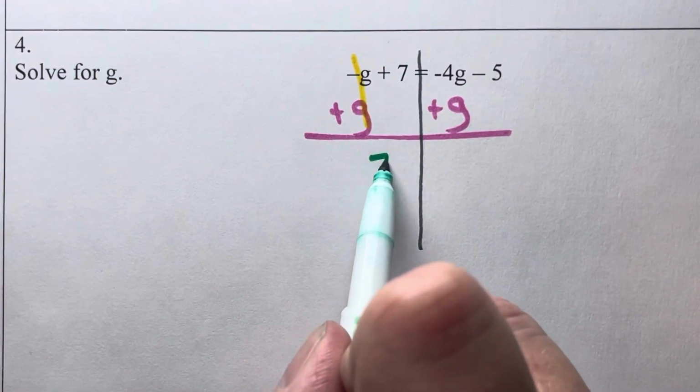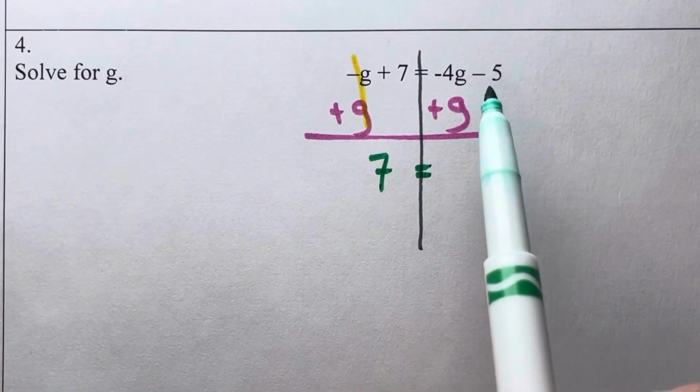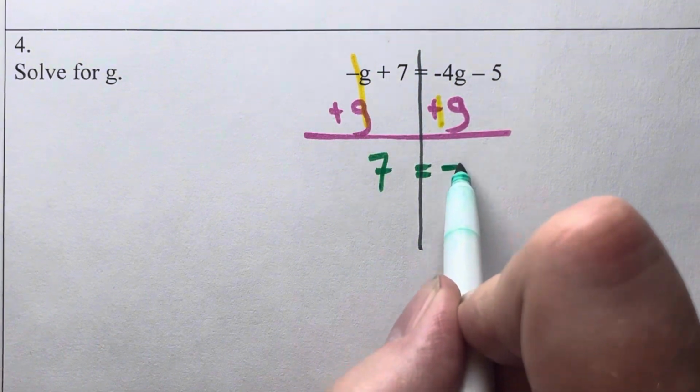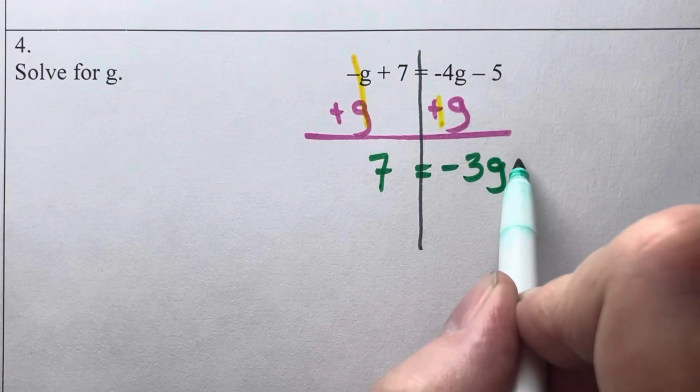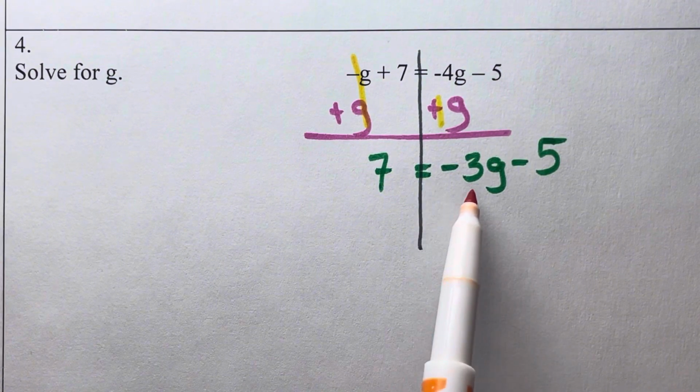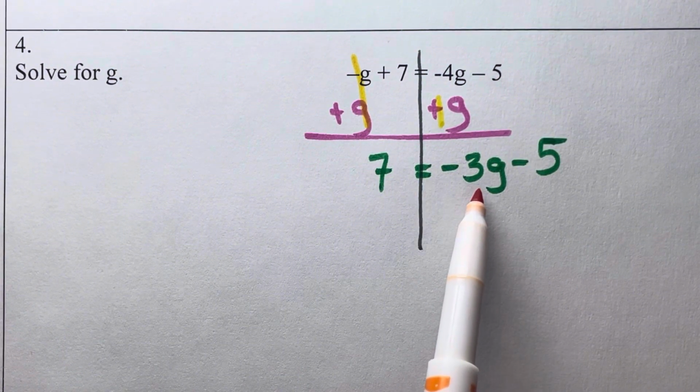So this gives us 7 equals, let's see, negative 4 giraffes plus 1 giraffe, as it is understood that that is a 1, is equal to negative 3 giraffes minus 5, as the minus 5 was sitting there waiting to be used.